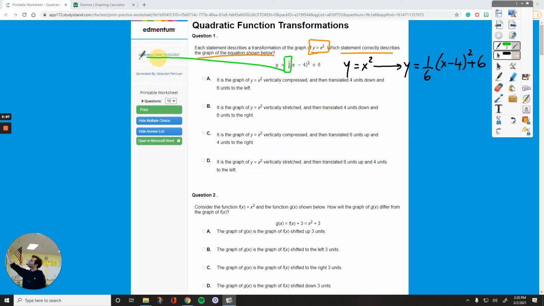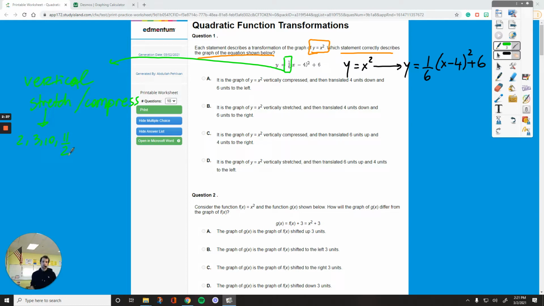So let me use this space over here. It's either vertical stretch or compress. You have vertical stretch when the numbers are bigger than positive 1, such as 2, 3, 10, or 11 over 2.